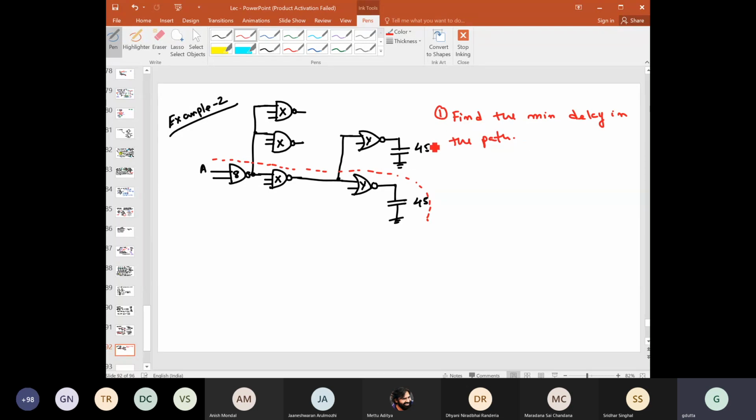Next is transistor sizes: find the transistor sizes to estimate the delay. We have to find the transistor sizes for each and every individual gate. Then how do we go ahead with that?